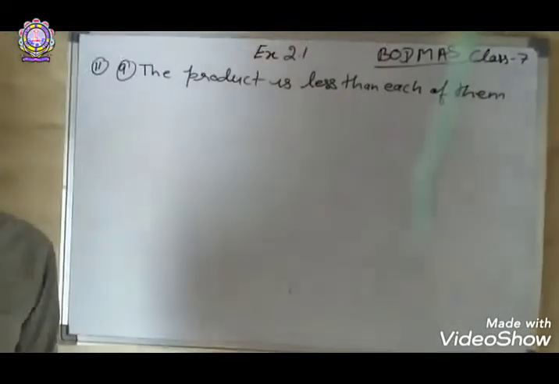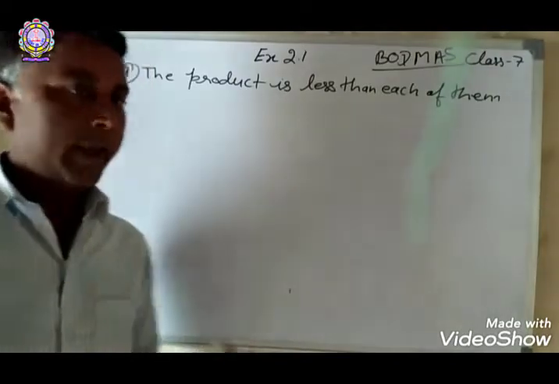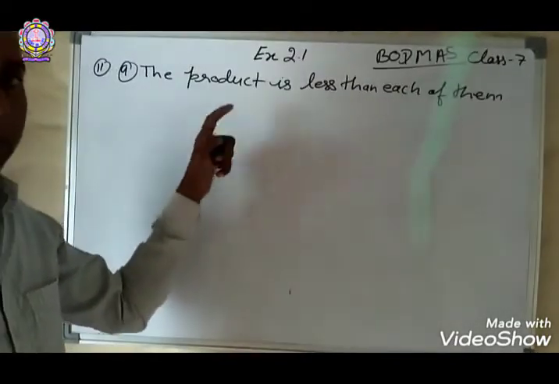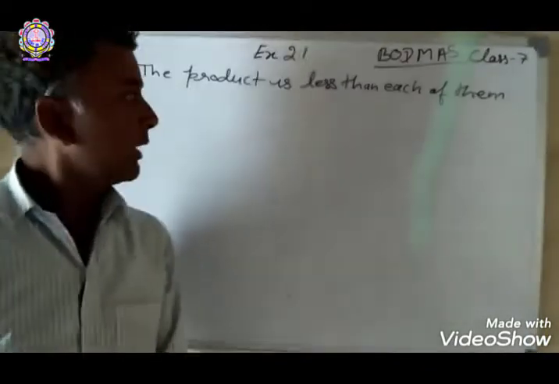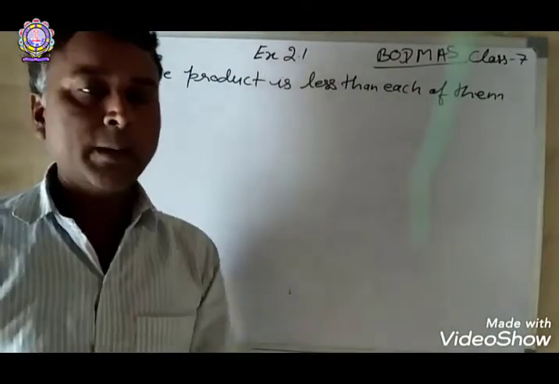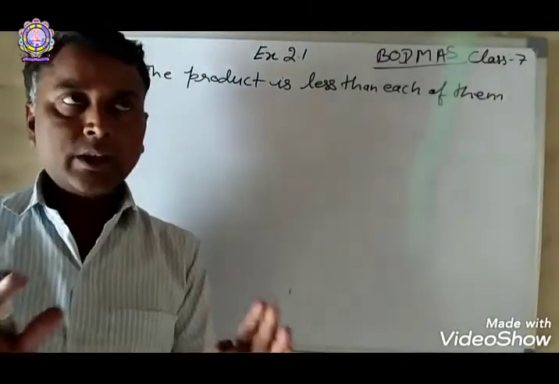Here you have to find two fractions such that the product of the two fractions is less than each of them.